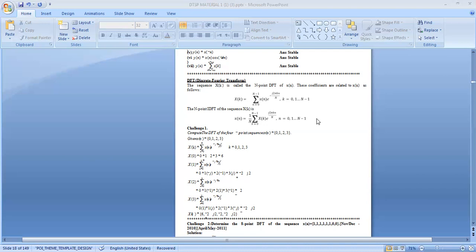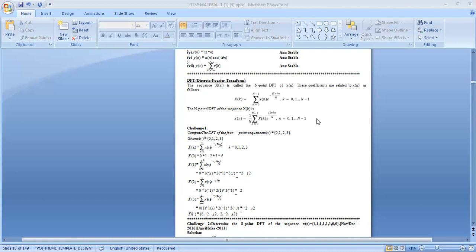So I will change the formula to x of n into e power minus j pi k n by 2. Now you substitute the value of k. First we will replace k equal to 0. When substituting k equal to 0, we are going to find the value of X of 0. For finding X of 0, we will expand our summation.